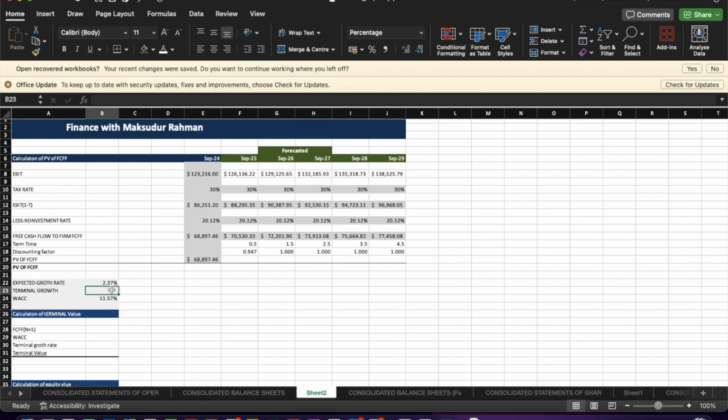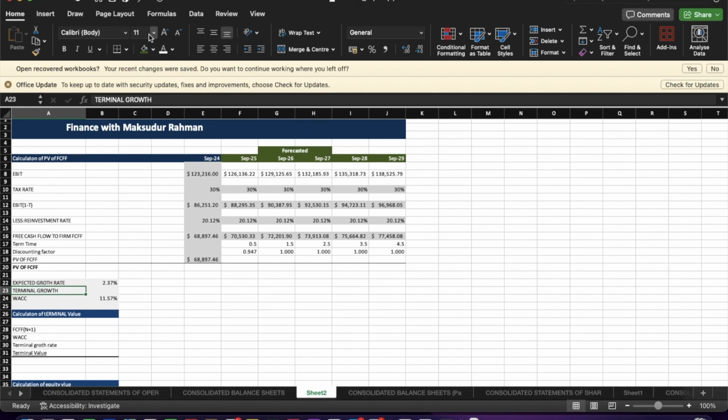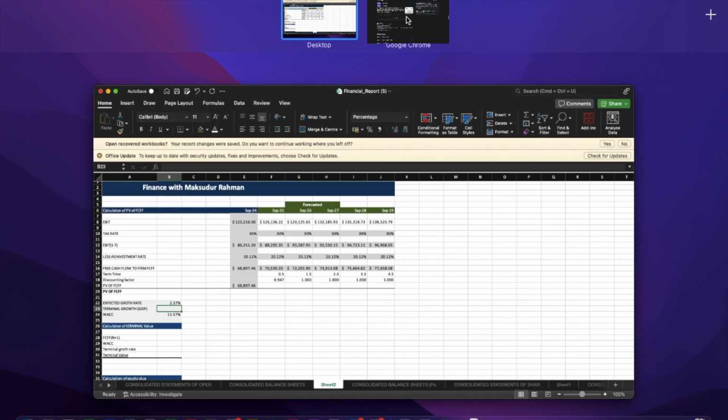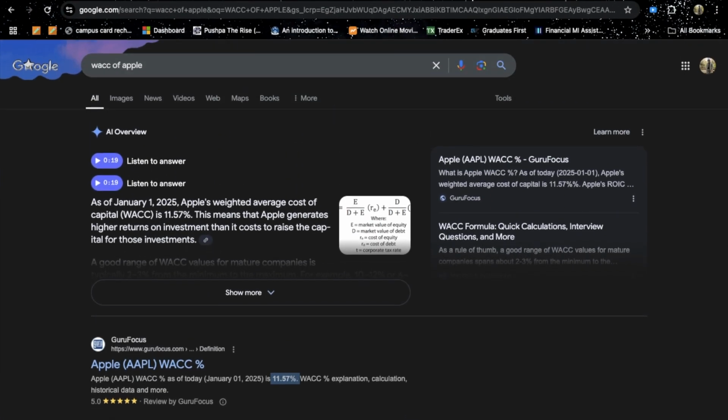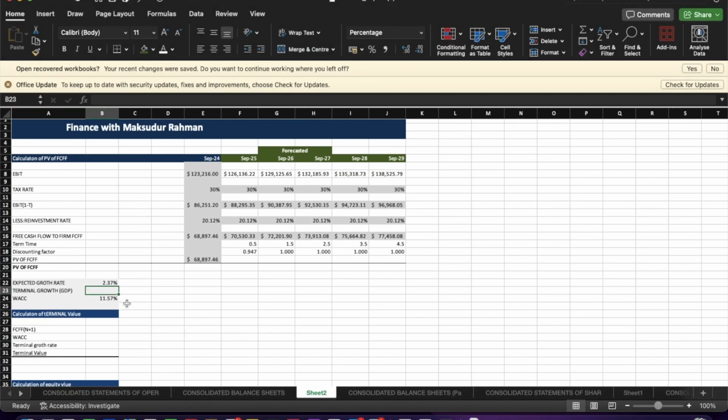So I have to get the terminal FCF and the terminal value of the company as well. Before that I need to get the GDP 3.1%.